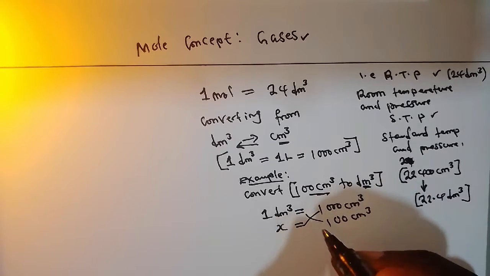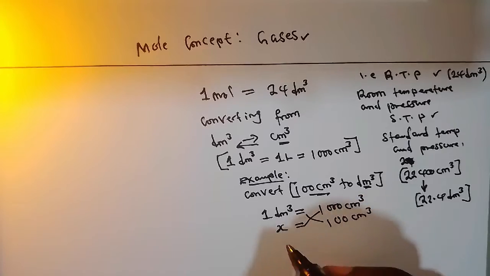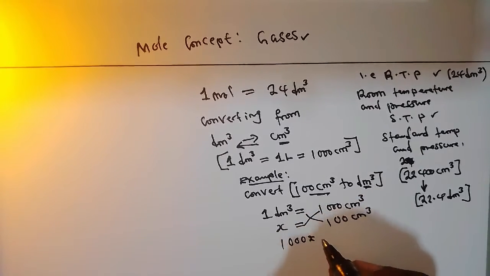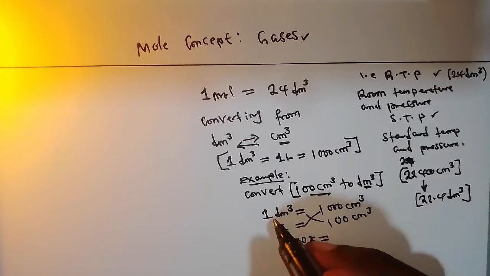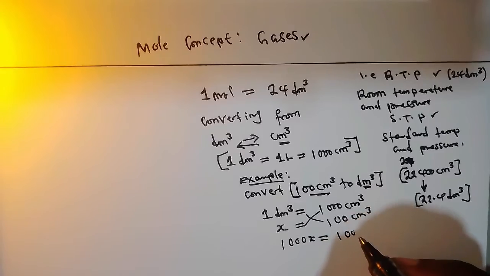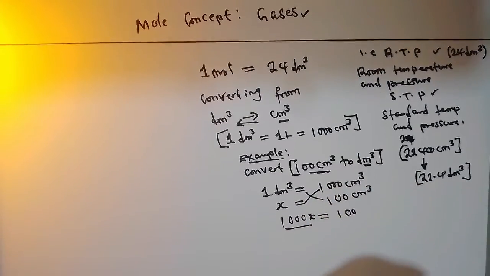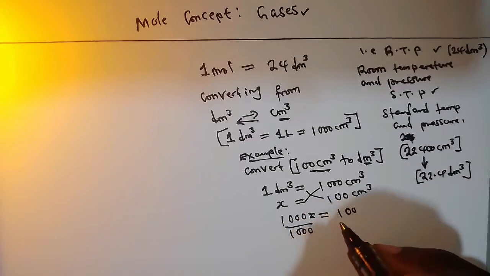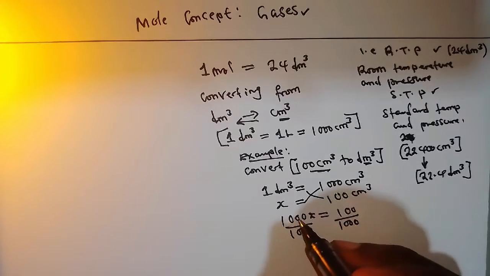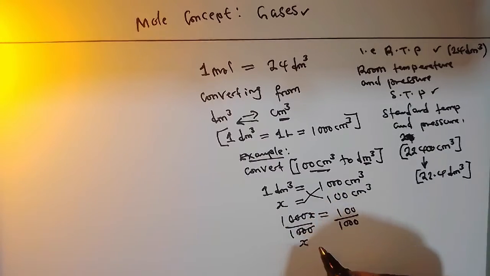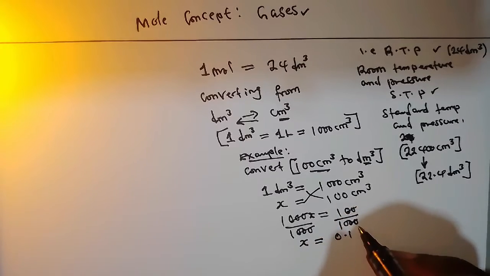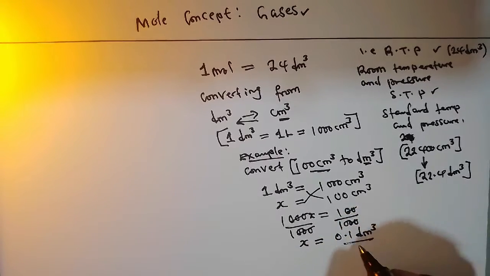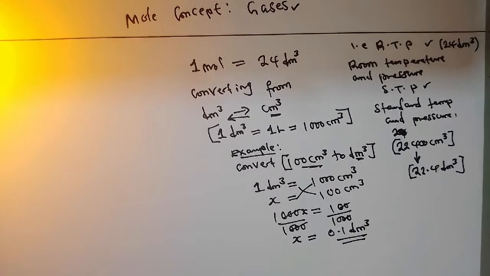So you cross multiply: 1,000 times x is equal to 1 times 100. So you divide both sides by 1,000, and x is 0.1 decimeter cubic. So that is how you compare. Make sure that you always understand that part.